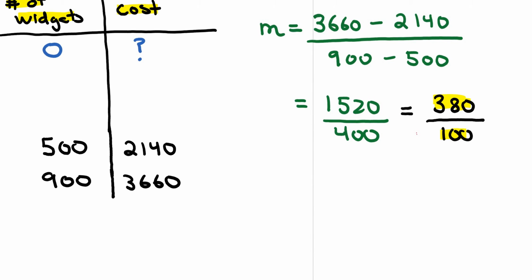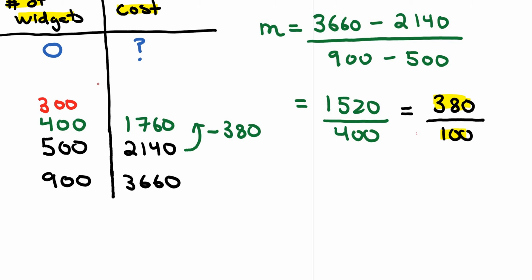If I want to go down to 400 widgets, which is 100 fewer than 500, I can simply subtract $380. So 2,140 minus 380 is going to be 1,760. Then if I go to 300 widgets, I subtract another 380, and that gives me 1,380.